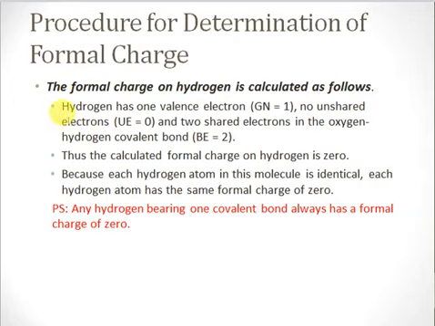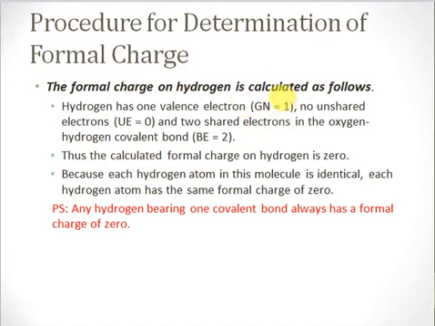Firstly, we'll calculate the formal charge for hydrogen. We know that it has 1 valence electron since it has group number 1. So G will be 1, and there are no unshared electrons, so minus 0, and there are 2 electrons in the oxygen-hydrogen covalent bond, so we have to take half of that.